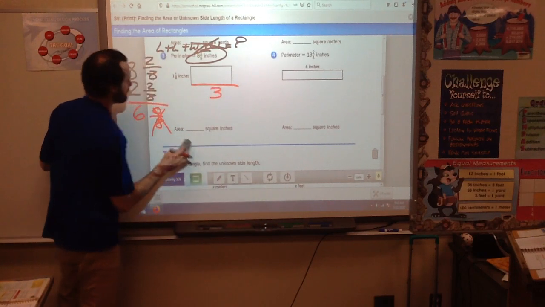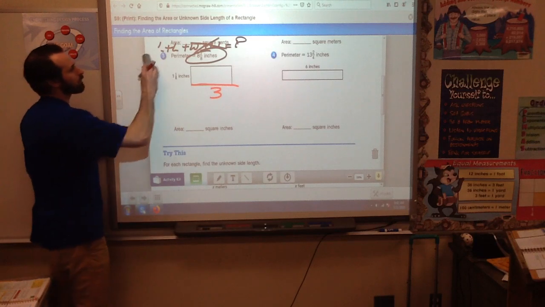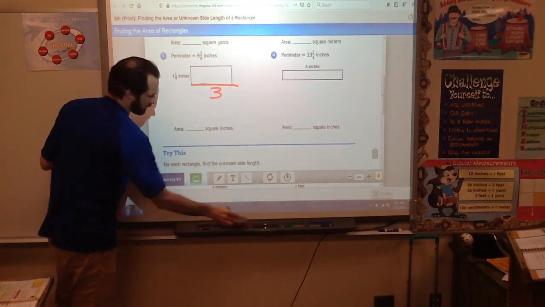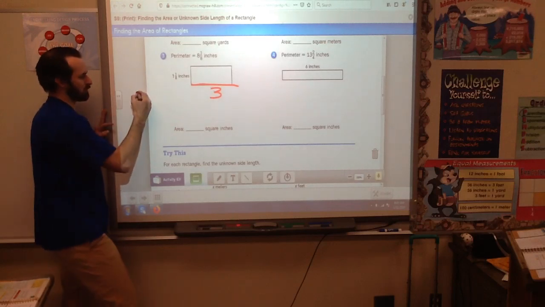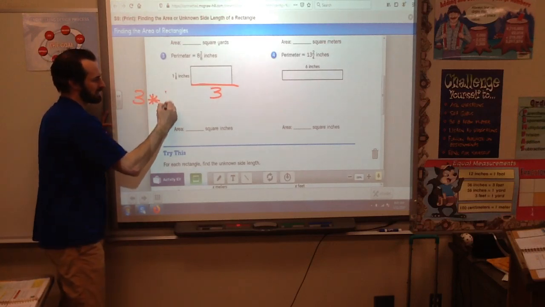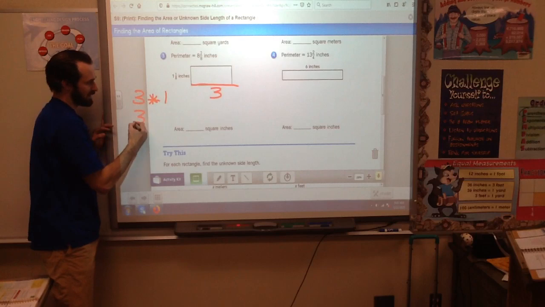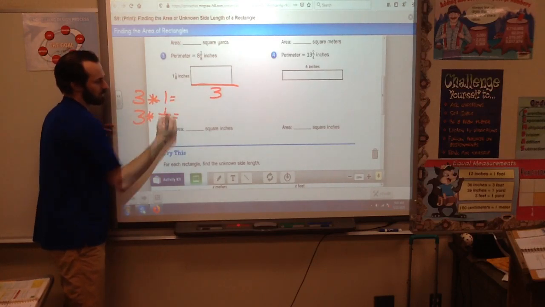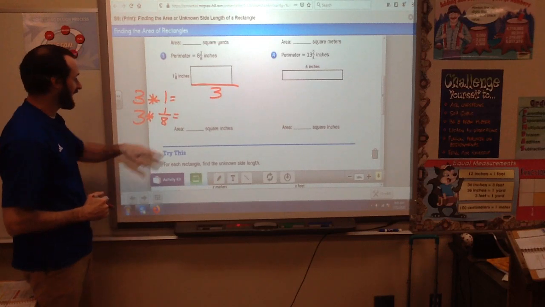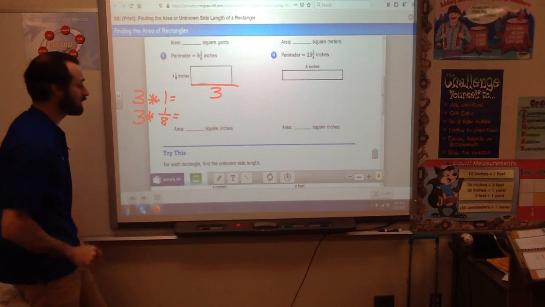You're absolutely right. Now we're back to being able to solve the area problem, because it's just length times width. Again, it's going to be 2 problems: 3 times 1 and 3 times 1/8. Go ahead and solve both of those, then add them up, and that will get you square inches.